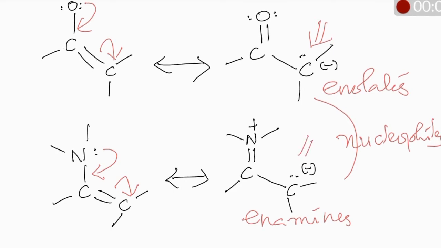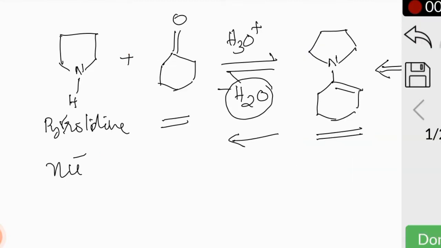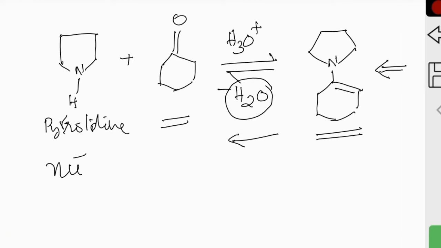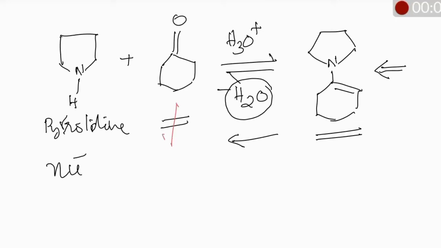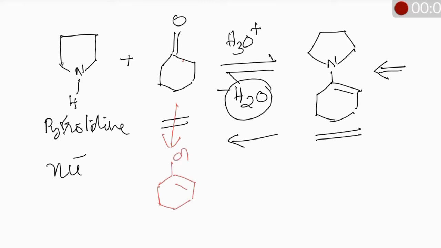So through this carbon atom, enamines can also act as a nucleophile. You can imagine the reaction may happen like this. This can be an enophile, like this OH, and this OH and this H may get eliminated in order to give this product.